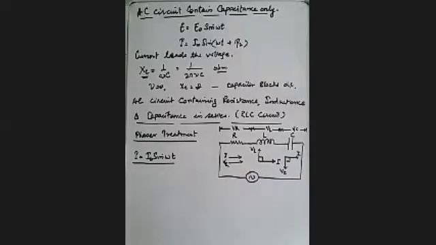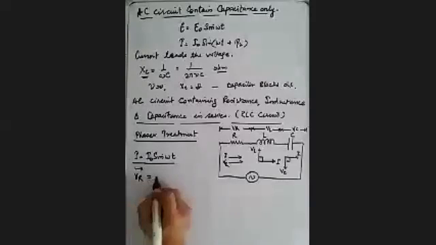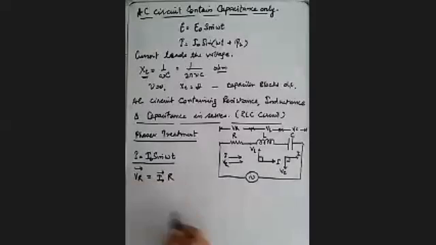The maximum voltage across the resistor, when maximum current I naught is flowing, will be given by VR equal to I naught R. So we draw this on the phasor diagram first, and then we continue with inductance and capacitance.